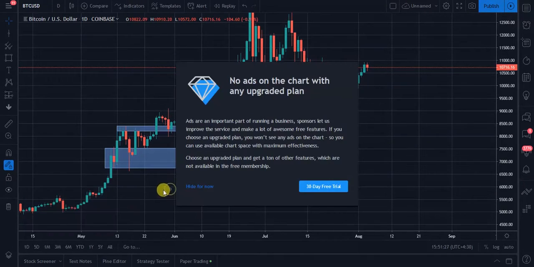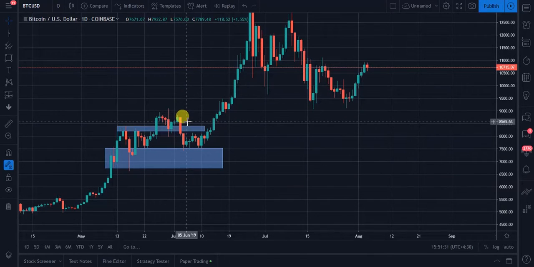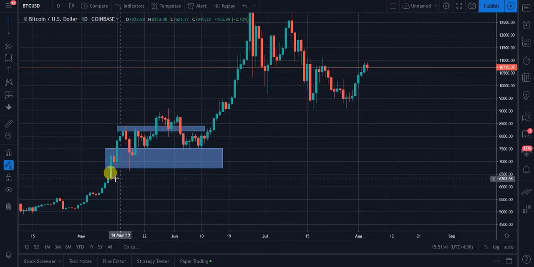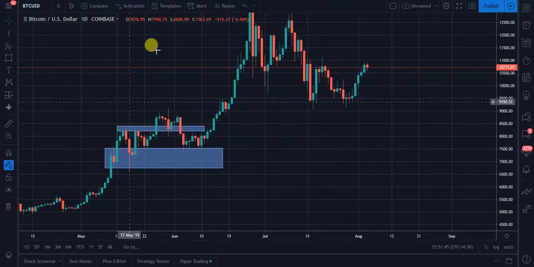But if the trend is bearish, then the price is bearish, and also we have some resistances or supports in the bearish market.